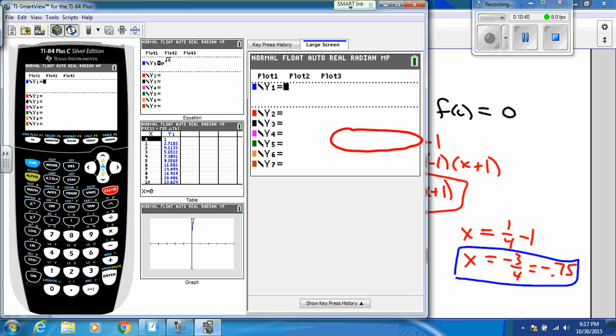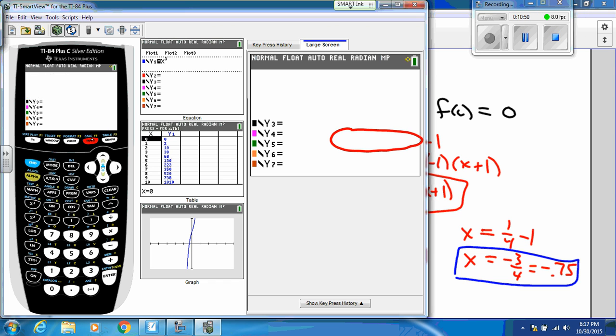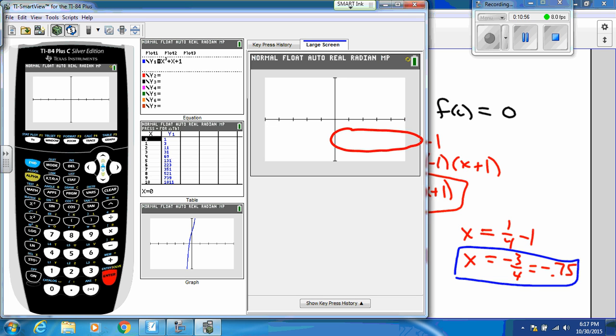How good is that estimate? Well, let's go to the calculator and find out. Let's let y equal x cubed plus x plus 1. And we are going to do second calc 0 to find the 0.